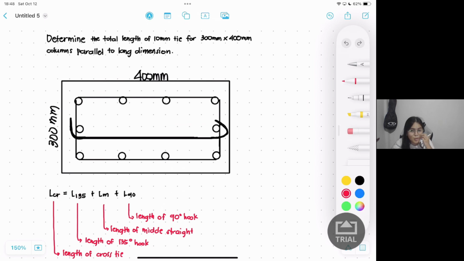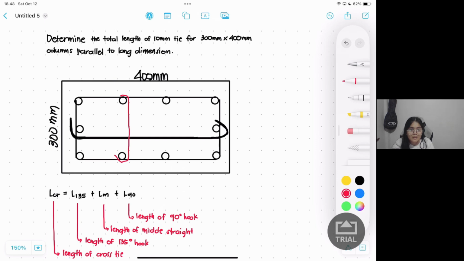Take note yung mga ganito sa problem. Okay? Hindi lang kayo basta-basta mag-drawing. Kasi kung parallel naman siya sa shorter dimension, ito yung cross tie nyo. Dito naman siya sa kabila. Okay? So, dapat hindi lang kayo basta-basta nagdo-drawing or nagsasolve lang. Alright?